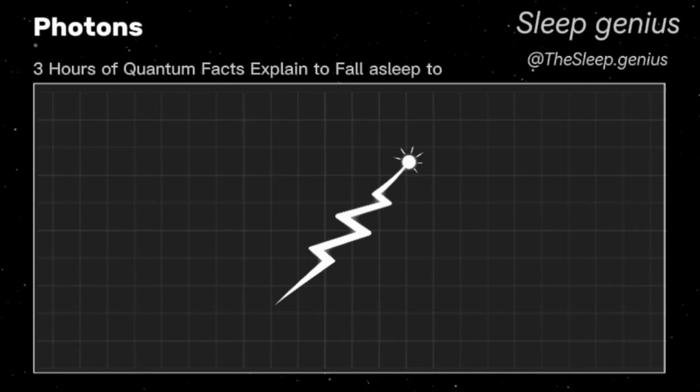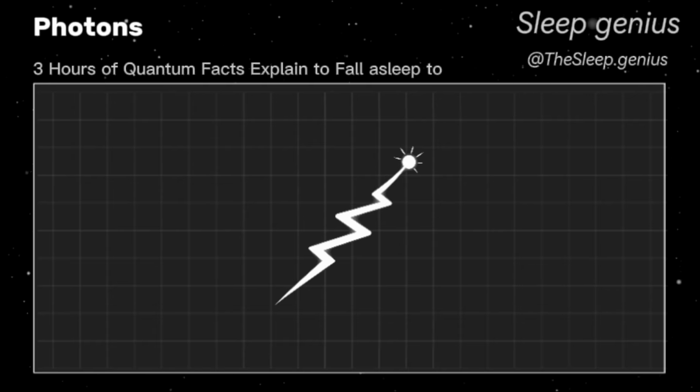Their emission, absorption, and scattering follow precise probabilities, governed by the mathematics of quantum electrodynamics. Yet within that predictability, there remains a profound mystery about the exact path or fate of any single photon. Evidence of photons emerges through experiments that have illuminated the invisible.